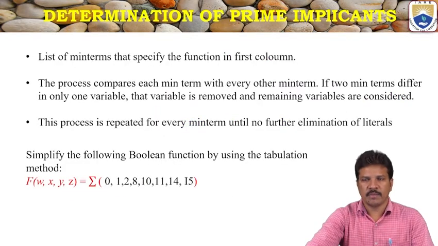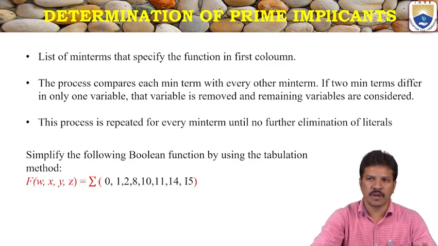The determination of prime implicants using exhaustive search: the list of minterms specified in the Boolean function is placed in the first column. Then apply the minterm matching process. The process compares each minterm with every other minterm, and if two minterms differ in only one variable, that variable is removed and the remaining variables are considered.